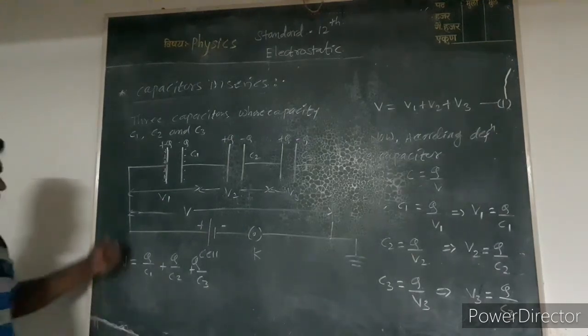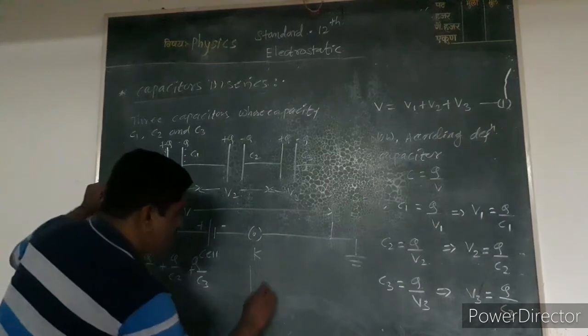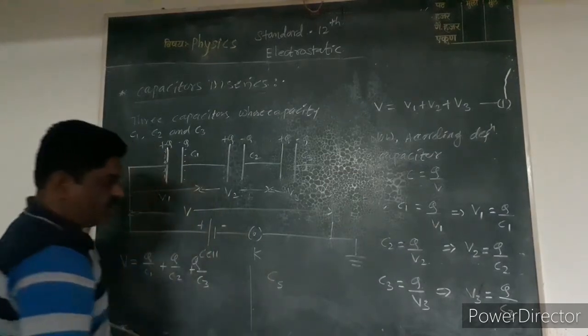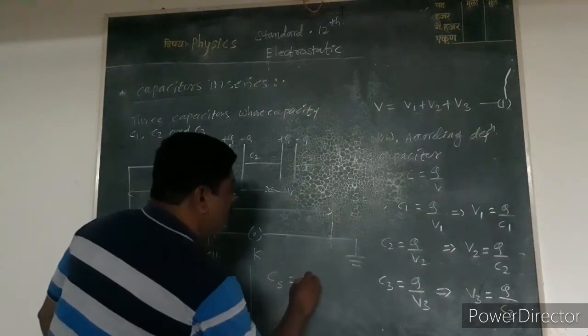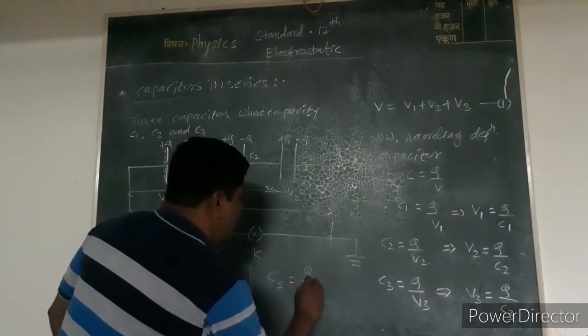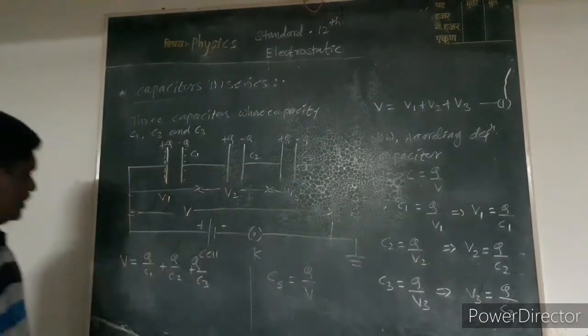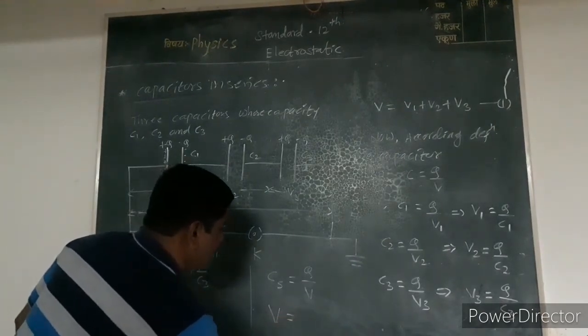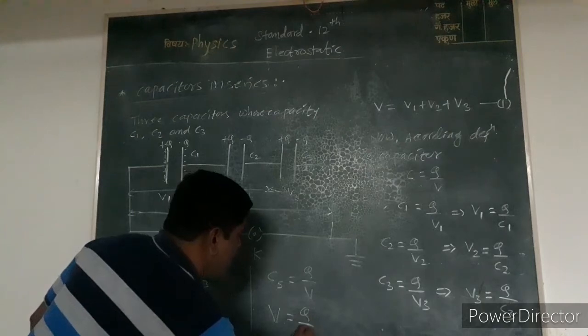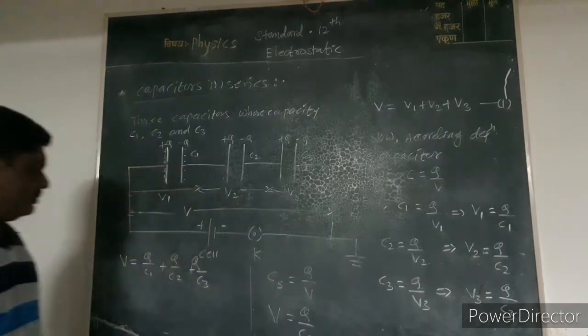Suppose this resultant capacity is CS, that means series. CS is equal to Q upon V, or V is equal to Q upon CS.